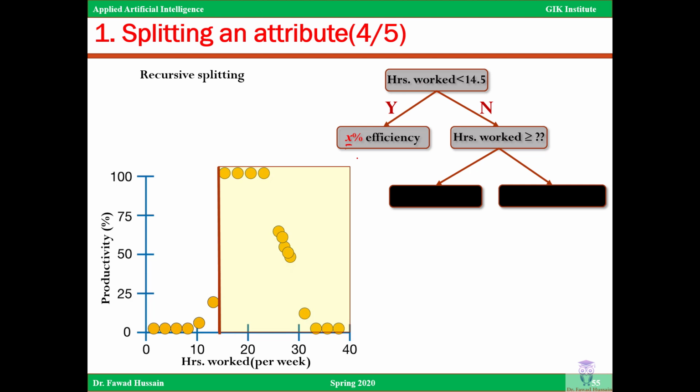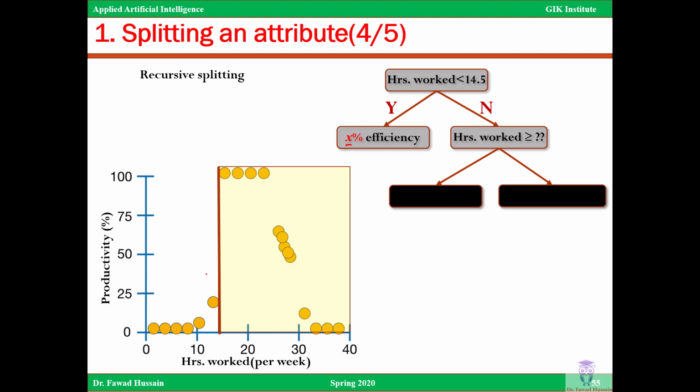And that was the second part of making the regression tree, estimating these values. And the third part was choosing which attribute to use. But what we're trying to discuss in this slide is, when I said hours worked is less than 14.5, I immediately made this into a leaf node and gave the productivity or the efficiency of that.